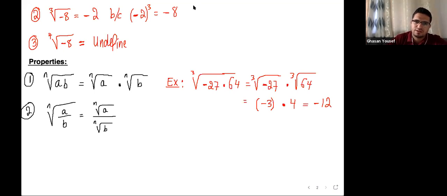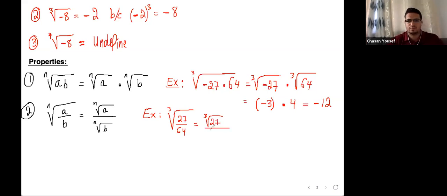For example, the third root of 27 over 64, we can split the radicals into two pieces. The cube root of 27 and the cube root of 64. Here I get 3, and this gives me 4. So 3 over 4.